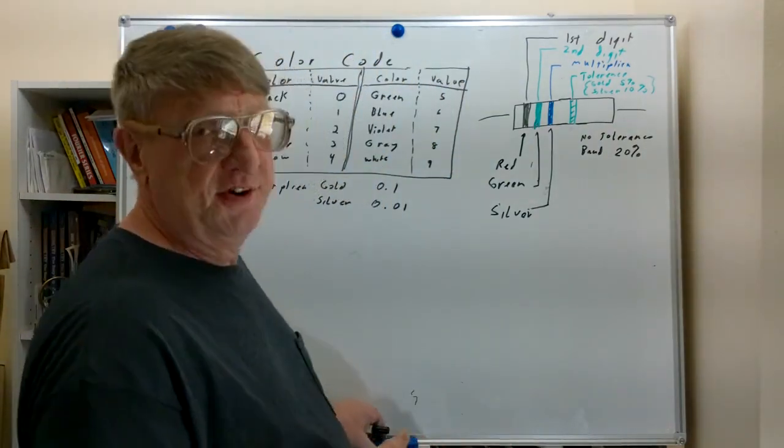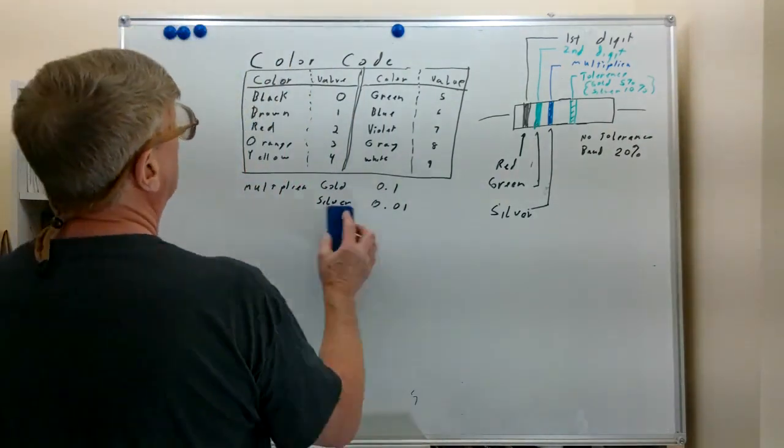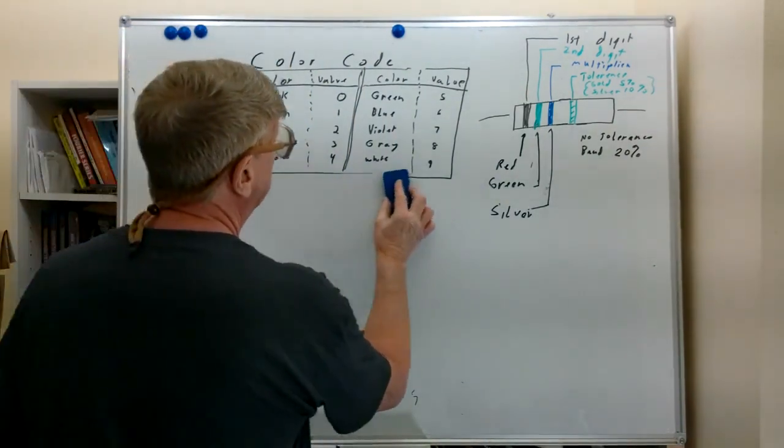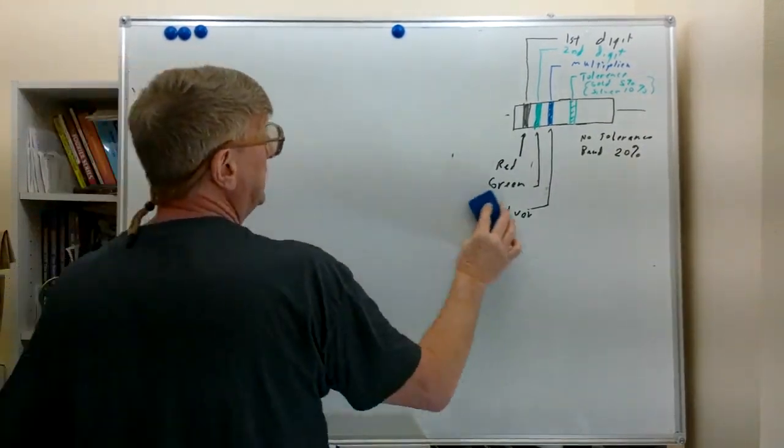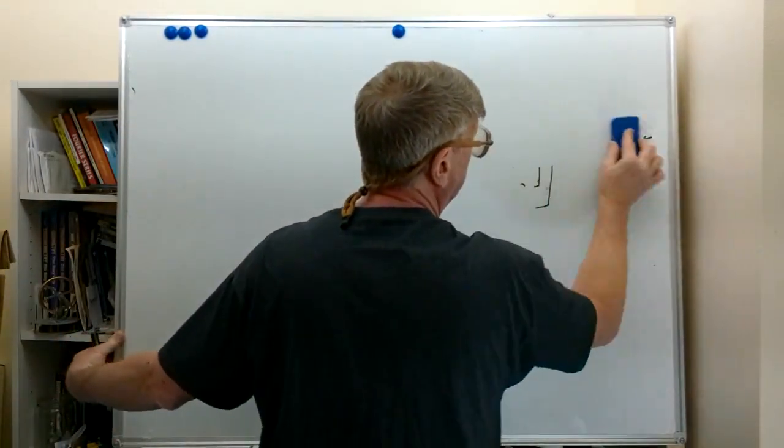Now I'm going to erase this resistor color code chart. And we're going to talk a little bit about variable resistors.